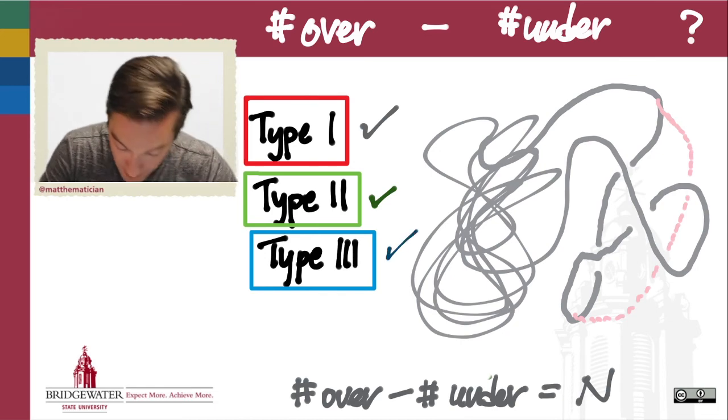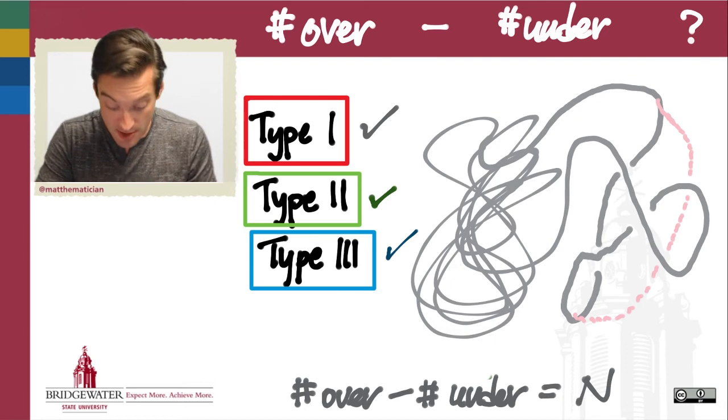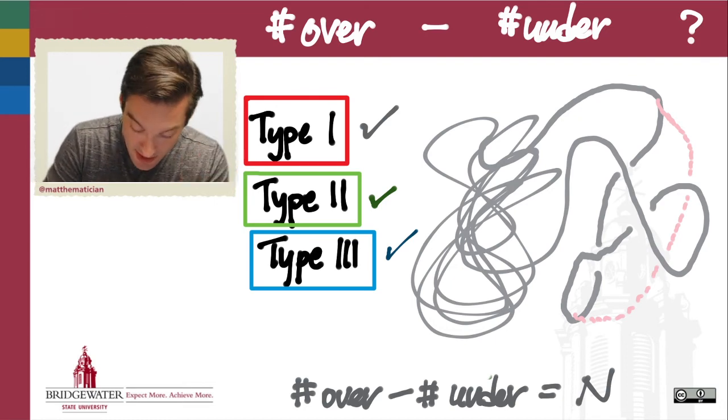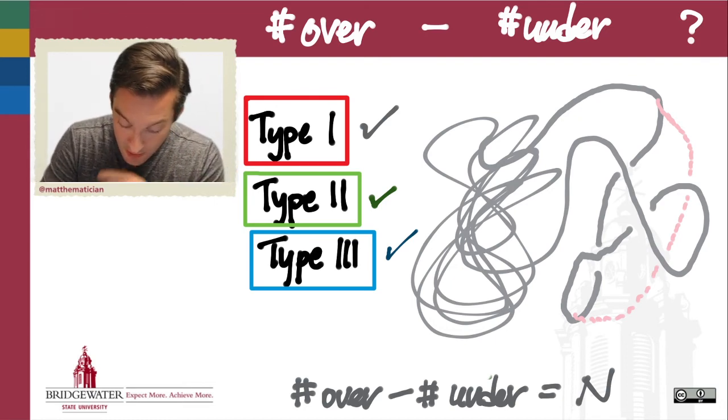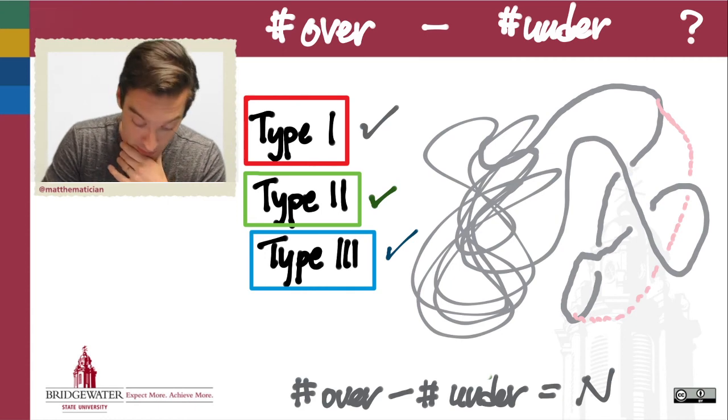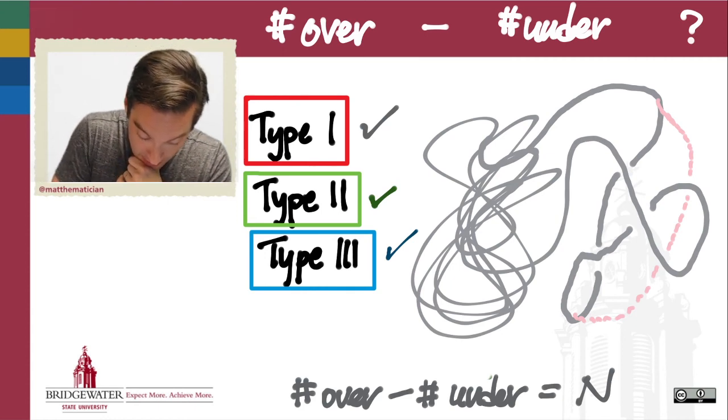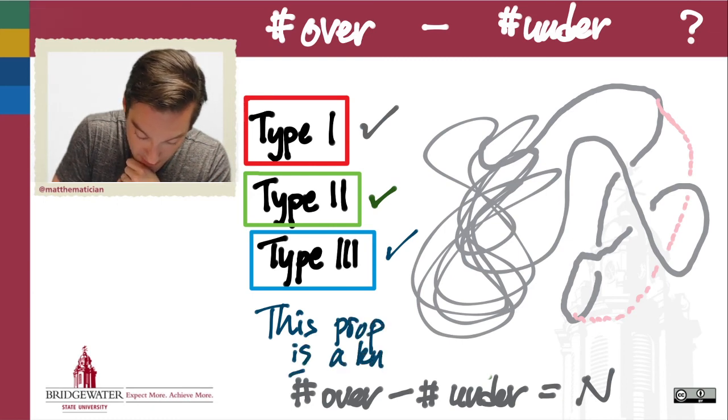I believe that the amount by which overcrossings outnumber undercrossings is the same before and after this type 3 move. And if that's the case, then this property is a knot invariant. But you might want to double check my work on this type 3 move, because for some reason, I'm second guessing myself.